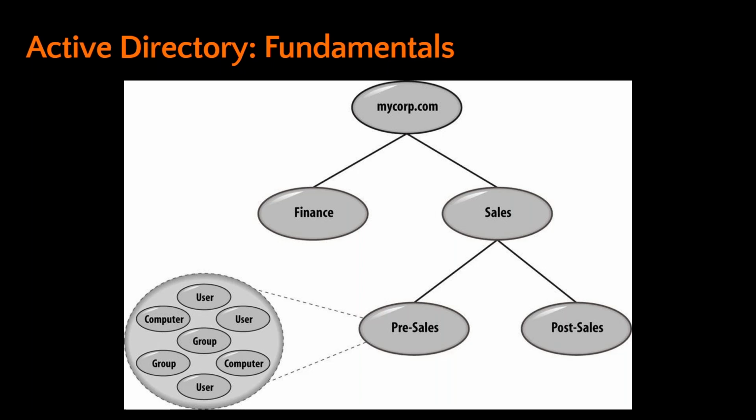Every object has an associated ACL. Actually, this ACL consists of two other objects. The DACL, which defines our permissions on an object, and the SACL, which defines auditing configuration.